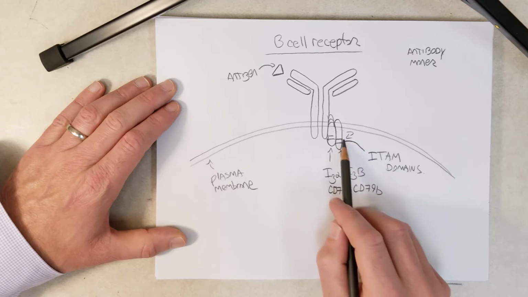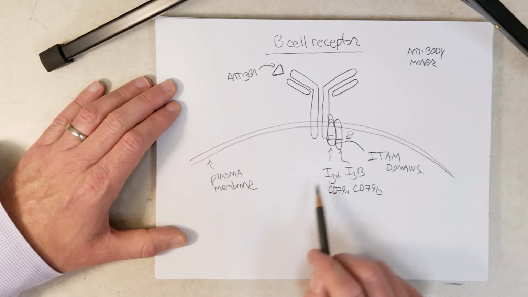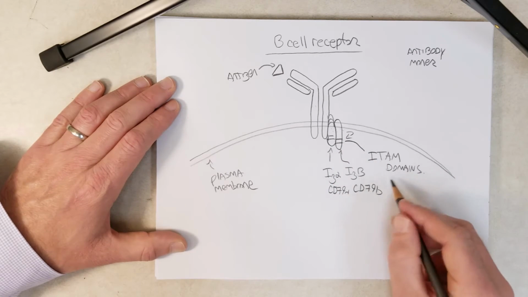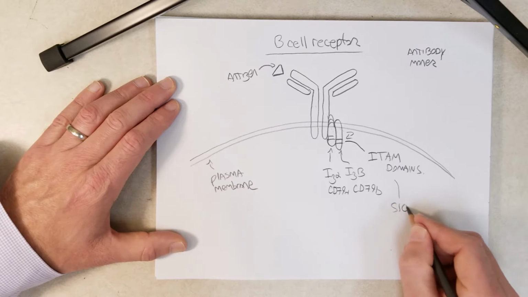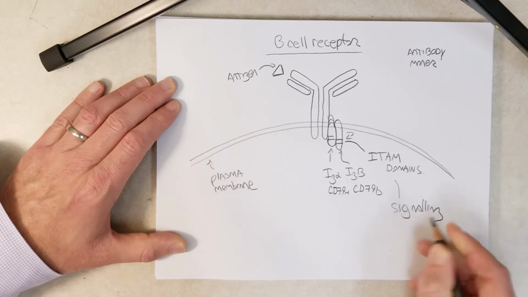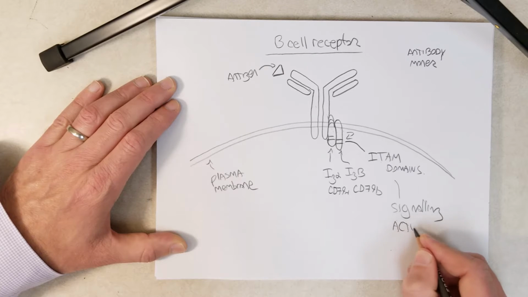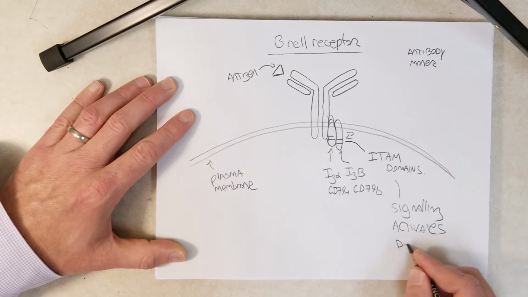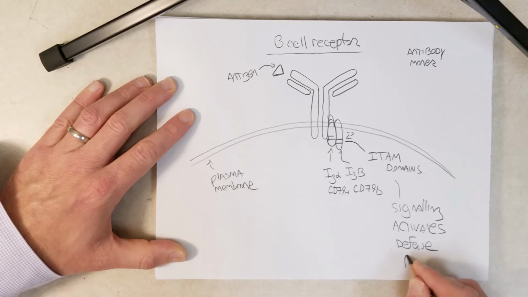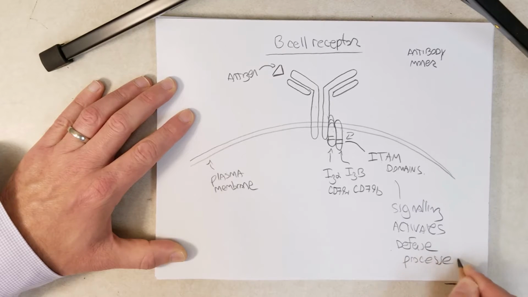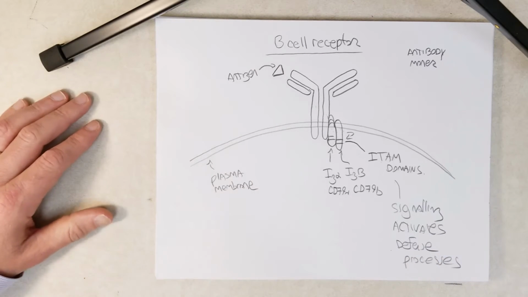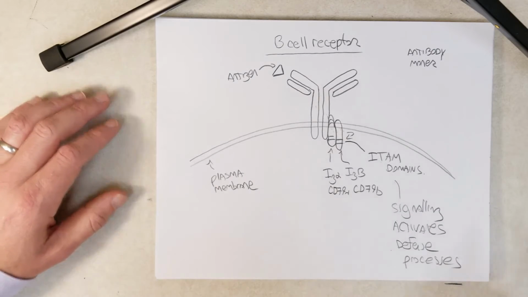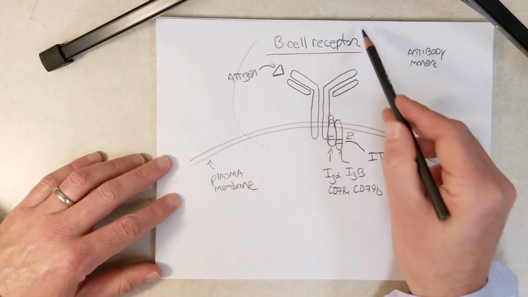So the ITAM domains of these proteins here will be phosphorylated, and then that will trigger signaling that will activate various defense processes, whatever the next stage of the defense process will be. So this is a B cell receptor.